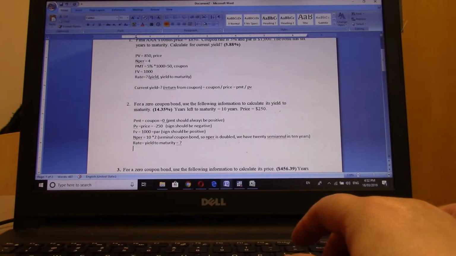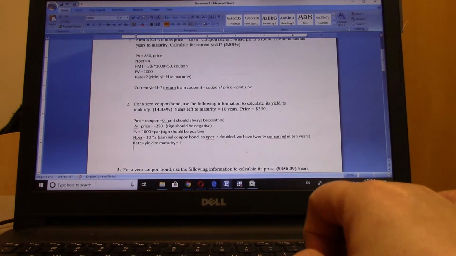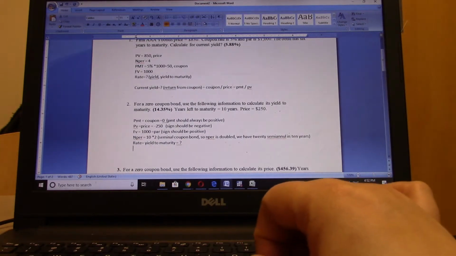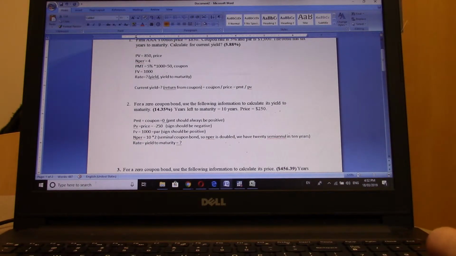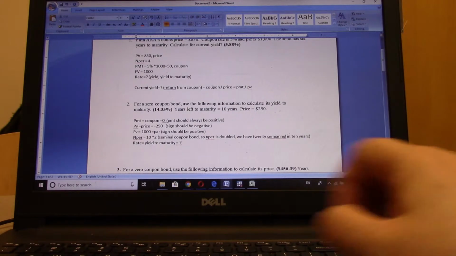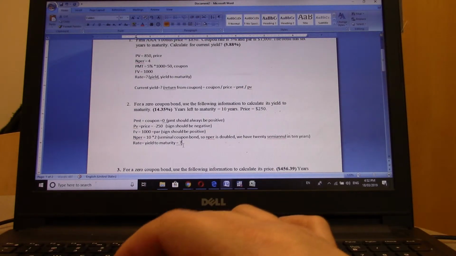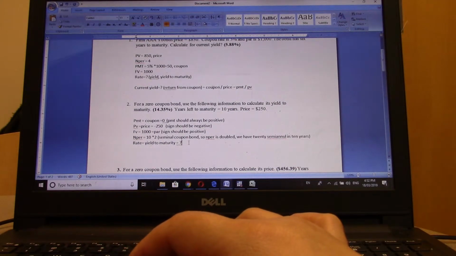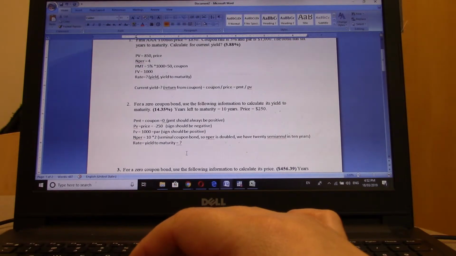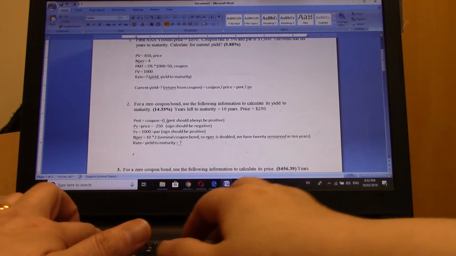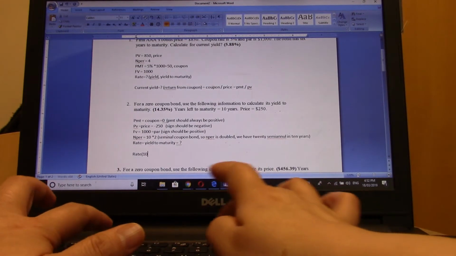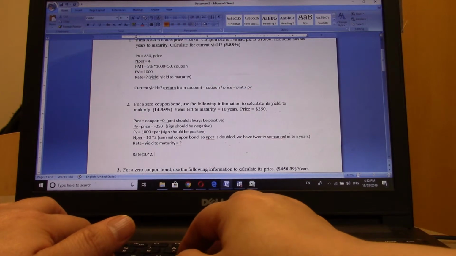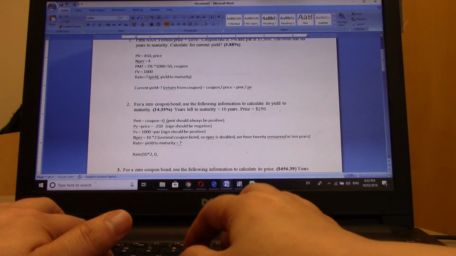But however, the period is semi-annual. So the rate you get will be the semi-annual rate. So when you get it, don't forget you should multiply by 2. If you use Excel, it should be the rate function, and the first input should be 10 times 2. This is N. PMT, zero coupon bond, is 0.